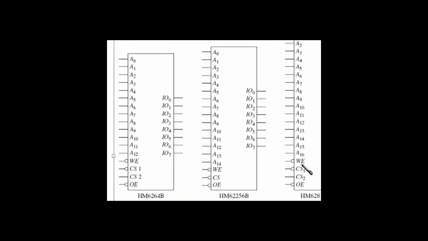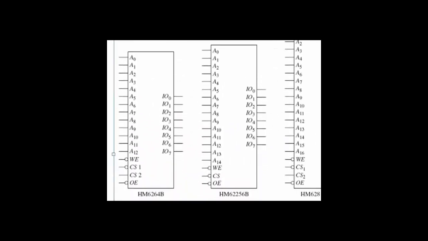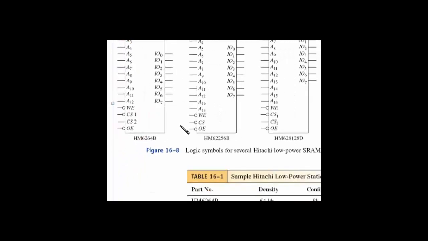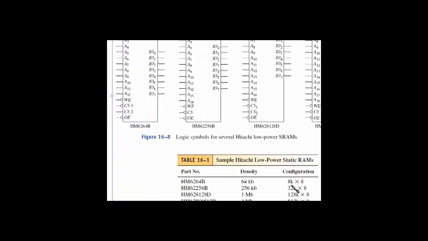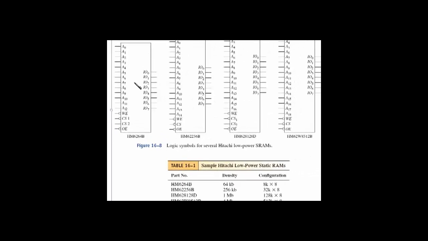So in the case of the 6264, we've got A0 through A12. That's 2 to the 13th power, which is where you get the 8K from. 2 to the 13th is 8K. Once you've got the location, there are 8 bits located there. Okay, then the 62256 is A0 through A14.